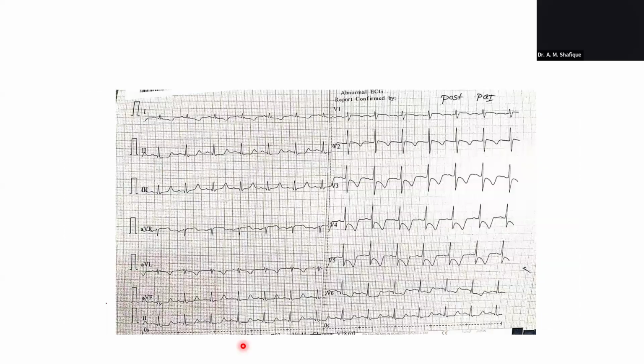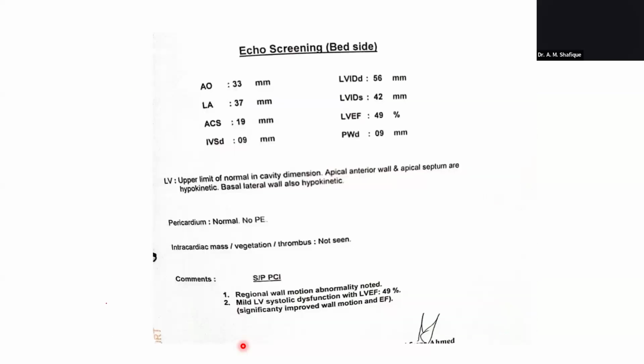In CCU, this is the first ECG post PCI, definitely much improved all over. On the second day, we did echocardiogram, and LVEF increased from 25 to 32, to 50%. And on the second day, the patient was extubated.